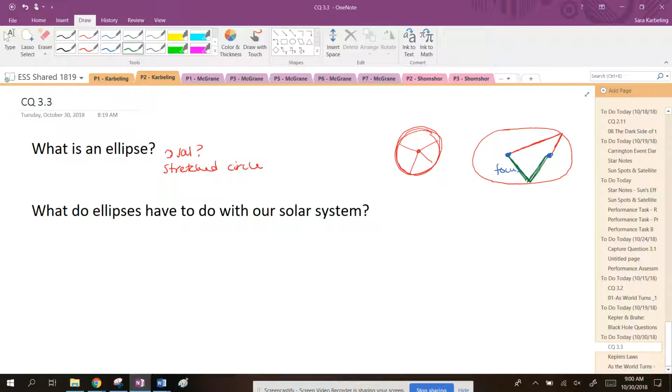Are you with me there? Does that kind of make sense? It's the same as this distance plus this distance, okay? That's the definition of an ellipse. The distance from each focus, if you add those together, has to be the same all the way around. That's what an ellipse is, okay?